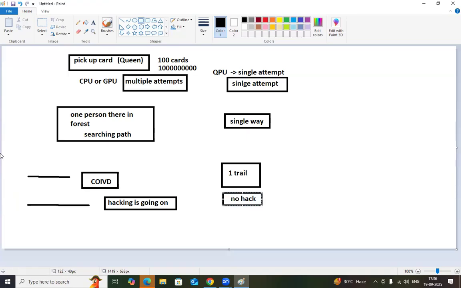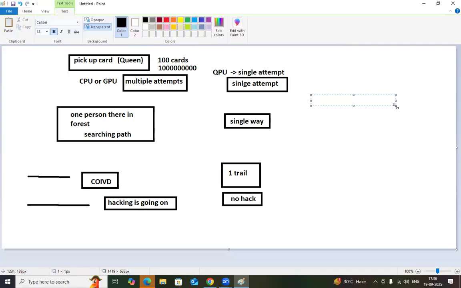There are multiple sectors that these QPUs are going to be involved with in the future. One is the health sector.